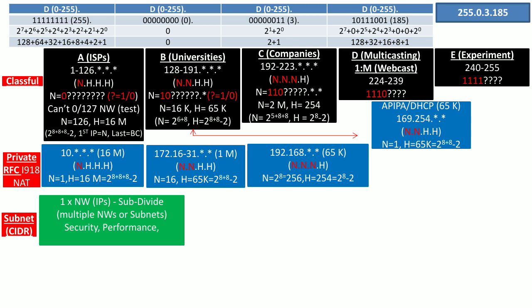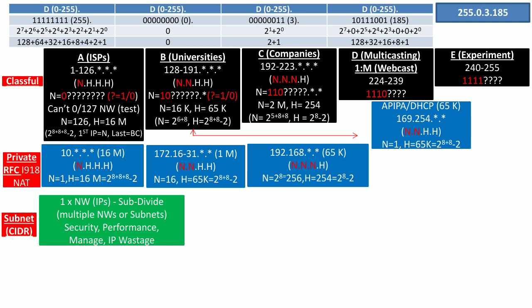So why do we do this? We do it for security purposes, because then the broadcast traffic in each of these divided subnets would be isolated from other subnets. Also for performance purposes, because all the endpoints won't be getting the traffic from other endpoints; they would be getting the traffic only from the intended endpoints which are in the same subnet.